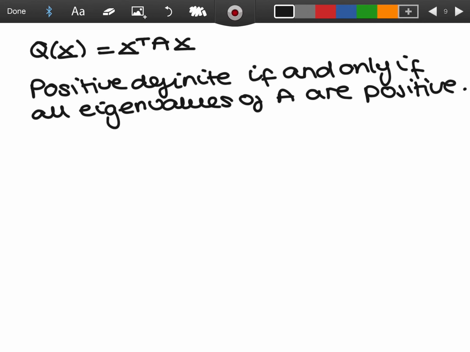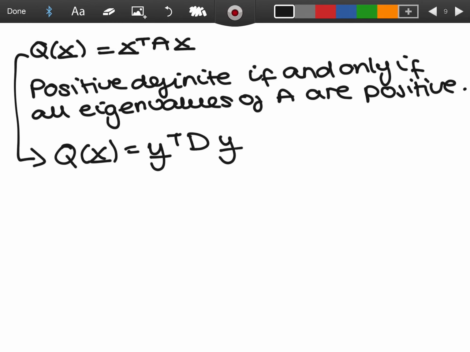This is actually very easy to see because we've got this quadratic form. We know that we can rewrite this in terms of y and a diagonal matrix. Okay, so we could do that change of variable. So Q of y is equal to y transpose Dy, where D is diagonal.